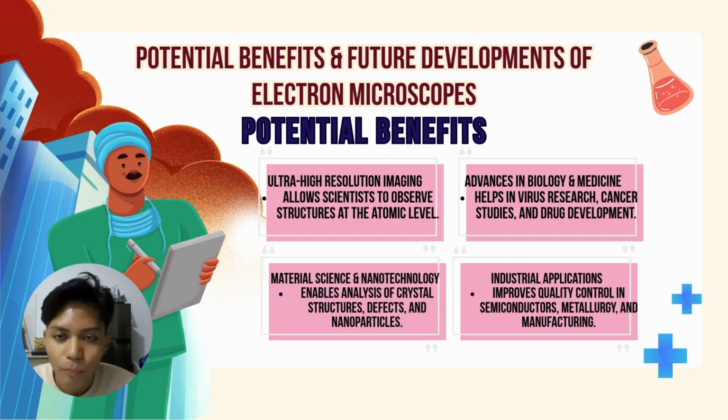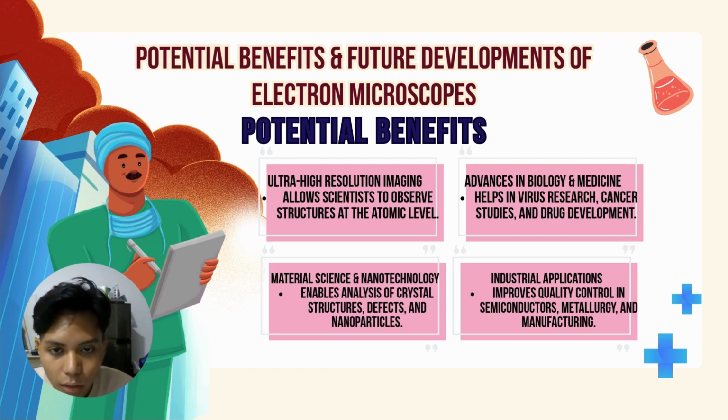Okay, now we are going to talk about the next slide, which is potential benefits and future developments of the electron microscope. So for the potential benefits, the first one we have is ultra high resolution imaging, which allows scientists to observe structures at the atomic level. The second one is advances in biology and medicine, which helps in virus research, cancer studies, and drug development.